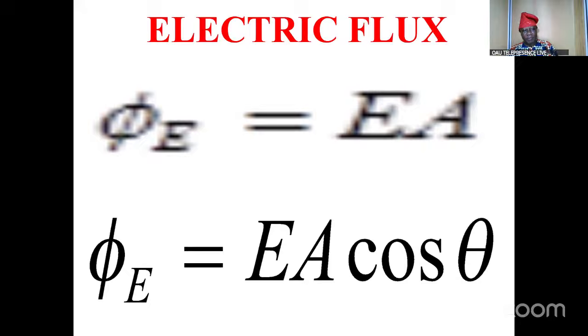Remember, one of the expressions given to you to use now is phi of E equals E A cos theta, E representing your electric field, A representing your area, and theta the angle between the layer and the field. So apply that now, and let's conclude with that.